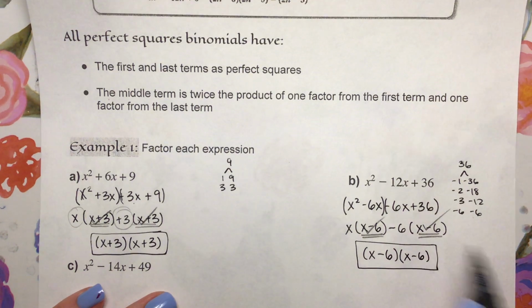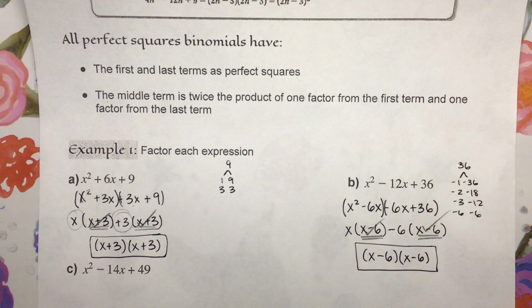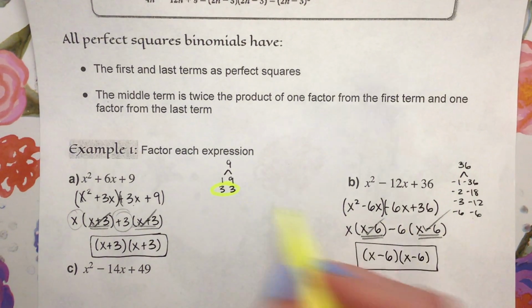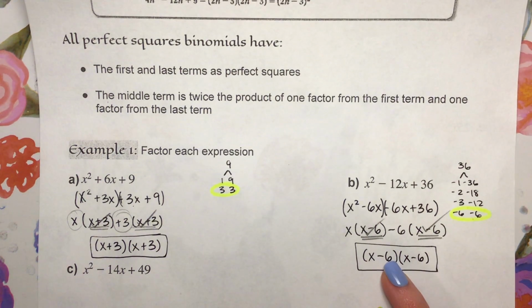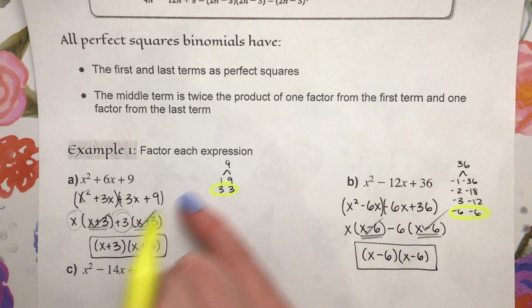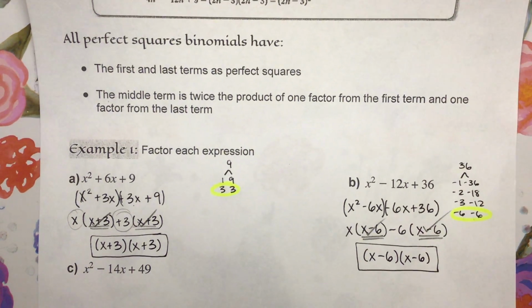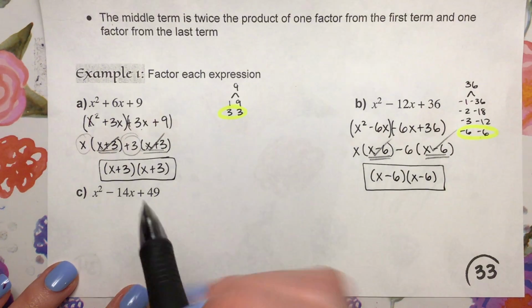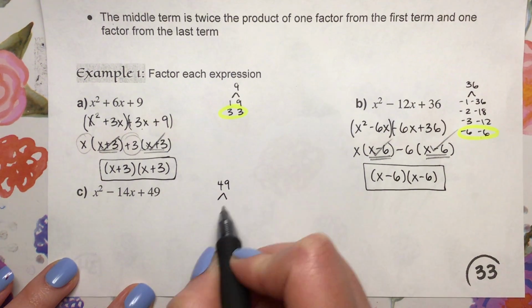Once again, it's matching. We're also using that same pattern we found in previous notes, where once you find your number pairing, for example, we found our number pairing here and here, this minus 6 and this minus 6 is how we filled in the parentheses, just like what we did with the 3's. So let's do the shortcut for example C. I'm looking for things that multiply to 49, but also add to negative 14.